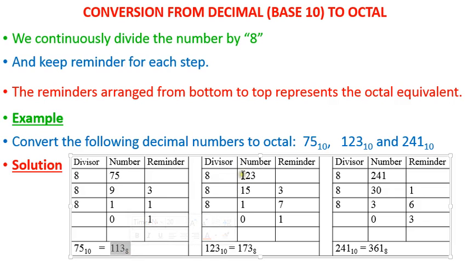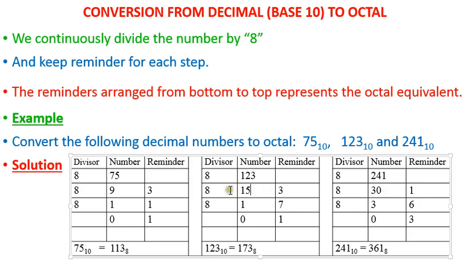Second example is 123, and we are asked to change it to base 8. You first of all say 123 divided by 8, it will give you 15 point something. Use your calculator, you get that. If you want to know the remainder, what you will do is to say 15 times 8 will give you 120. If you take 120 out of this 123, it will leave you with 3, which is your remainder.